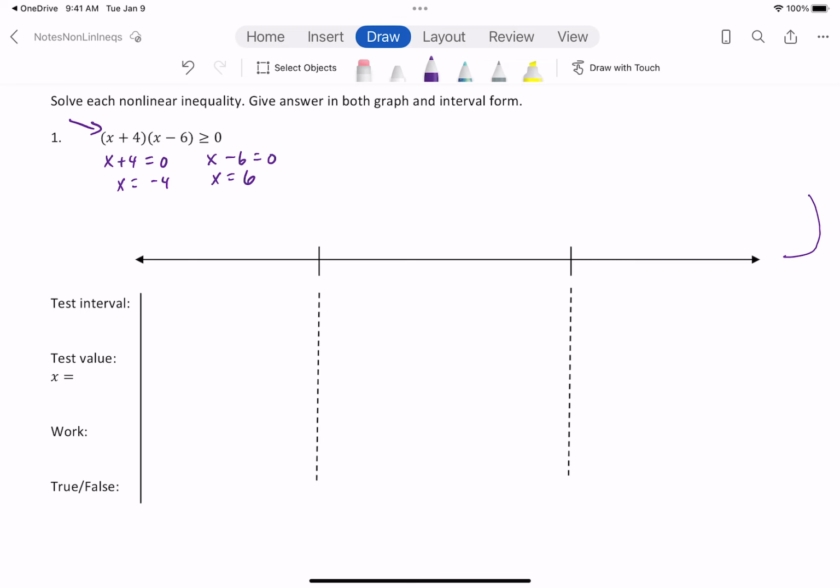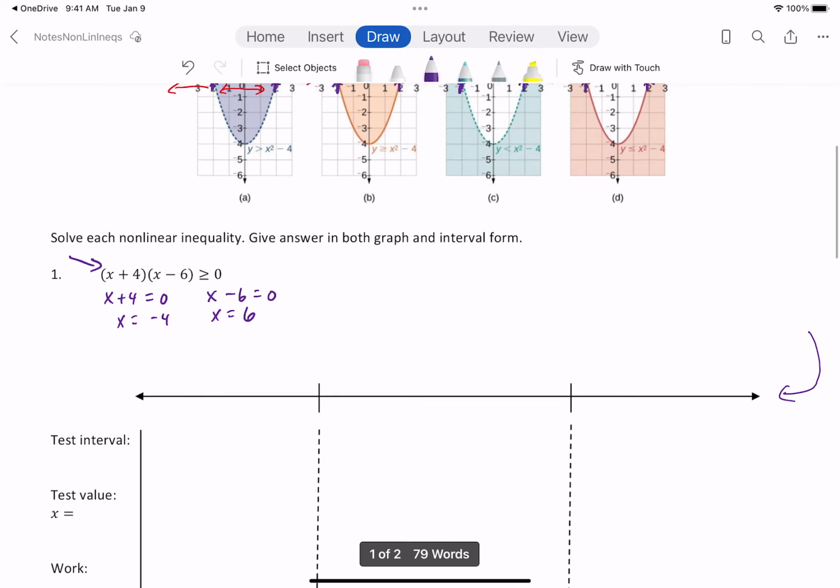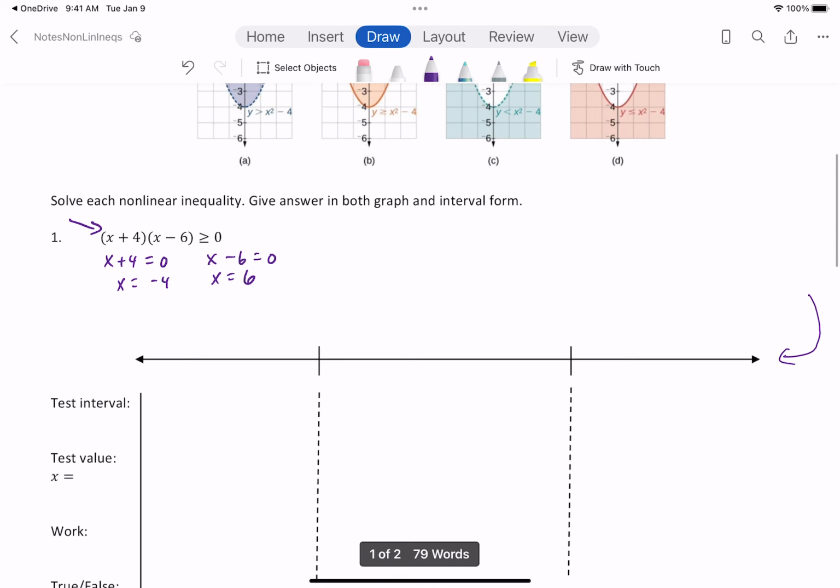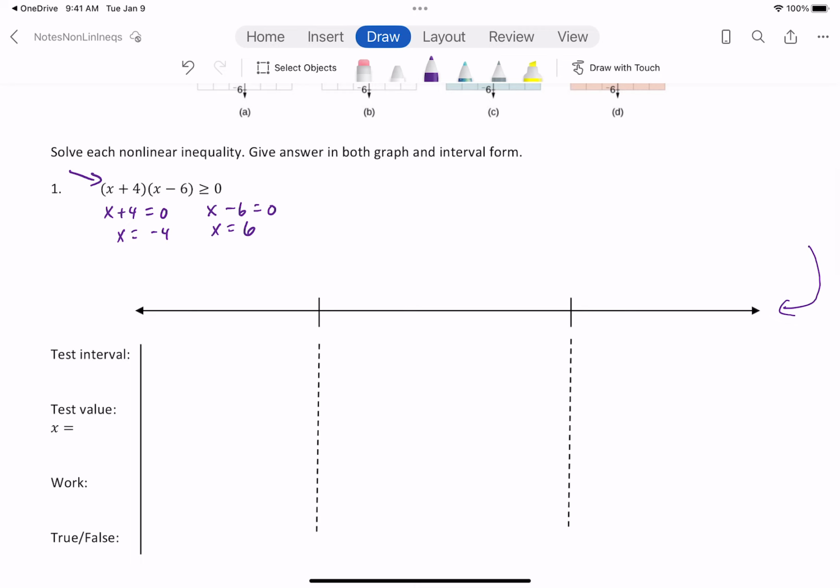So this is a number line, and what it represents is the x-axis that's in these pictures. So you can kind of picture that there is a parabola coming down, and it's crossing the x-axis here and here. And those two numbers are x equals -4 and x equals 6.